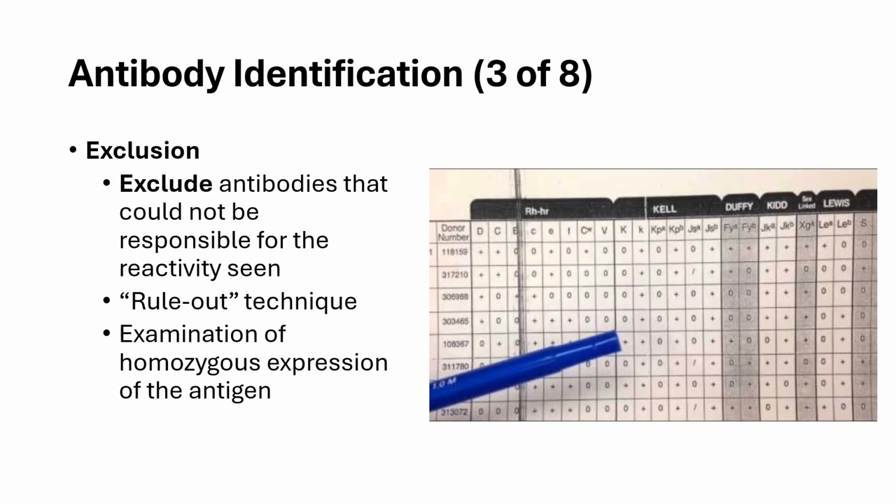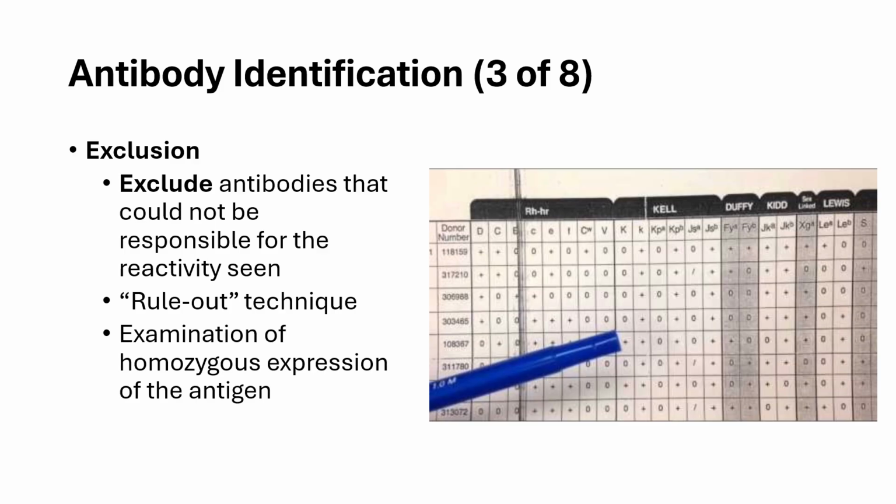For antibody identification, we use the process of elimination, or rule out, to exclude antibodies that cannot be causing the observed reactivity in the patient's antibody screen. This will help to narrow down the possible antibodies that are present in the serum. The process is you're going to review the reaction pattern of the patient's serum against the antibody identification panel cells.